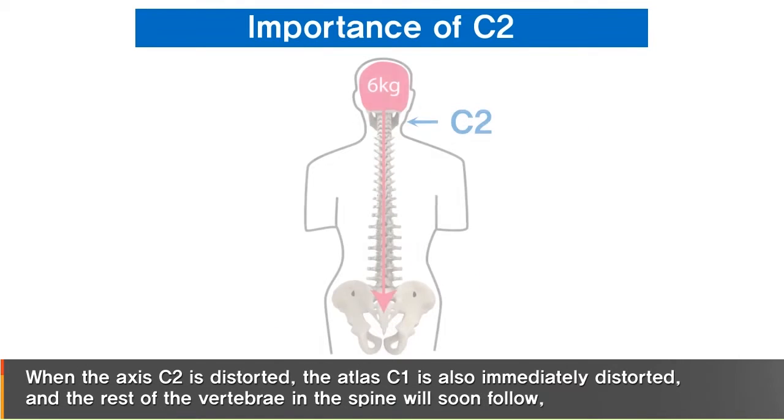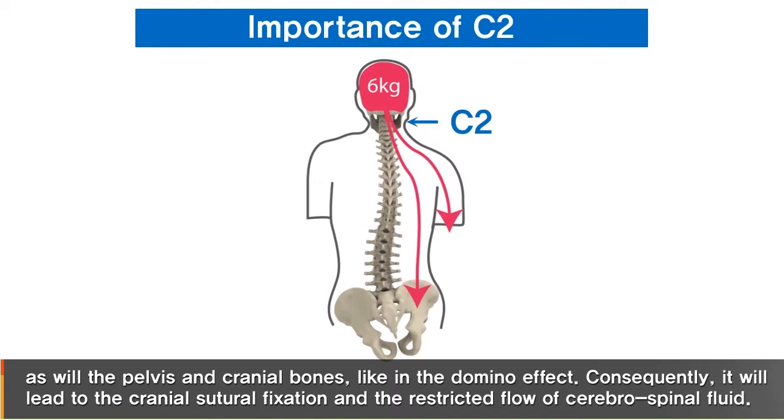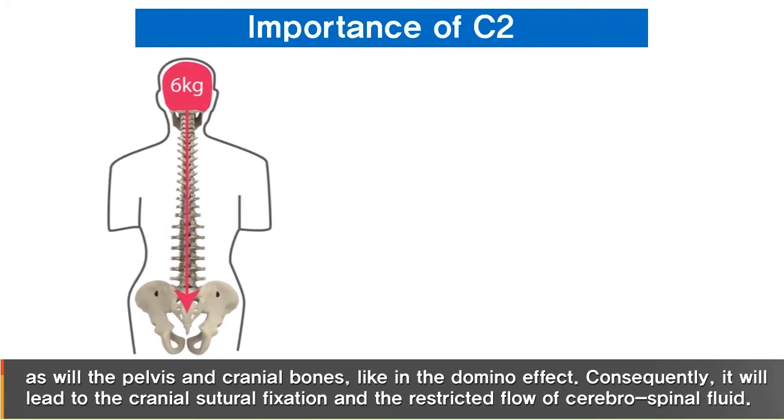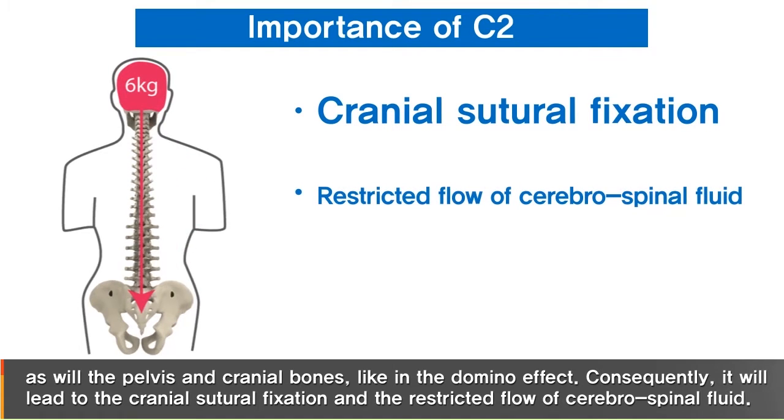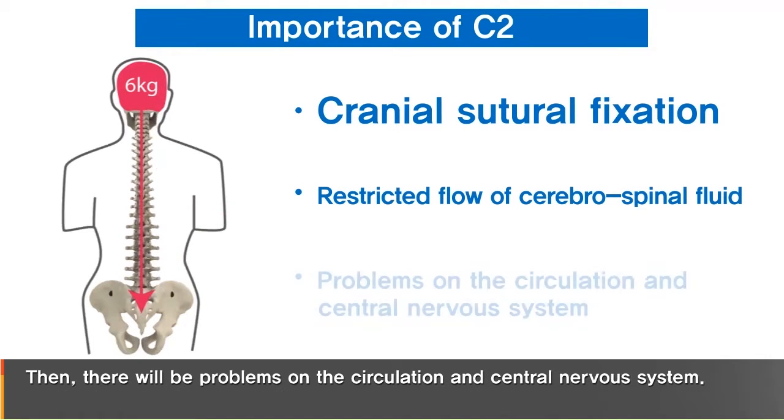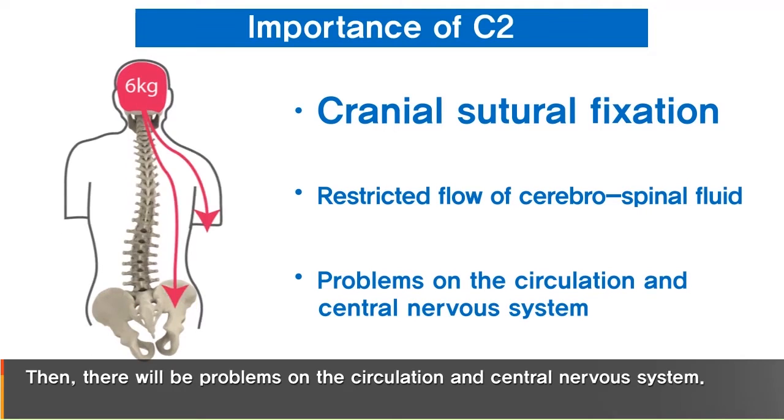When the axis C2 is distorted, the atlas C1 is also immediately distorted, and the rest of the vertebrae in the spine will soon follow, as will the pelvis and cranial bones, like in a domino effect. Consequently, it will lead to cranial structure fixation and restricted flow of cerebrospinal fluid. Then, there will be problems in the circulation and central nervous system.